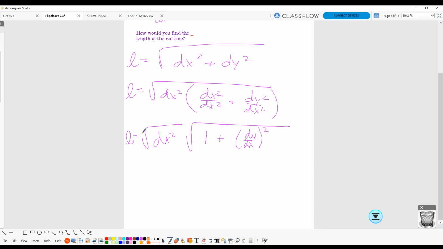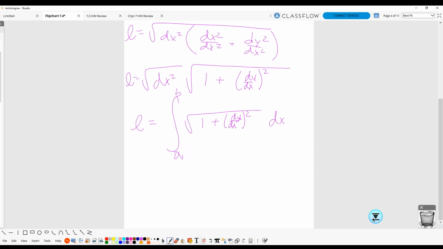Square root of dx squared is dx. Oh, hey. If you want the length from A to B on any curve, there's your formula. Square root of 1 plus derivative squared, all of it integrated. Yeah?